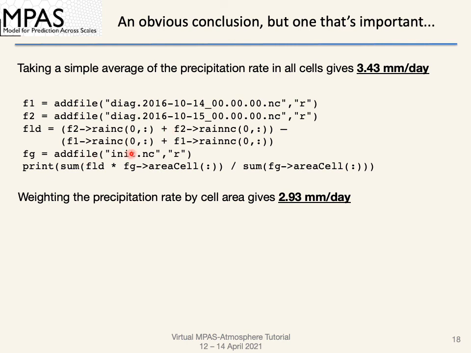So we can open up, for example, the initial conditions file, and from that, read the area of all grid cells. Then all we need to do is take our difference and scale it by cell area, and then divide that total integrated value by what effectively is the surface area of the Earth in square meters. Doing that, we come up with a value of the globally average precipitation rate of about 2.93 millimeters per day, which I think should be a lot closer to observed values.